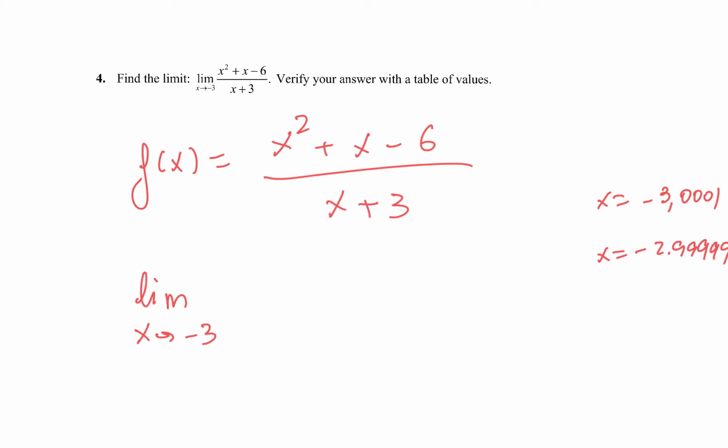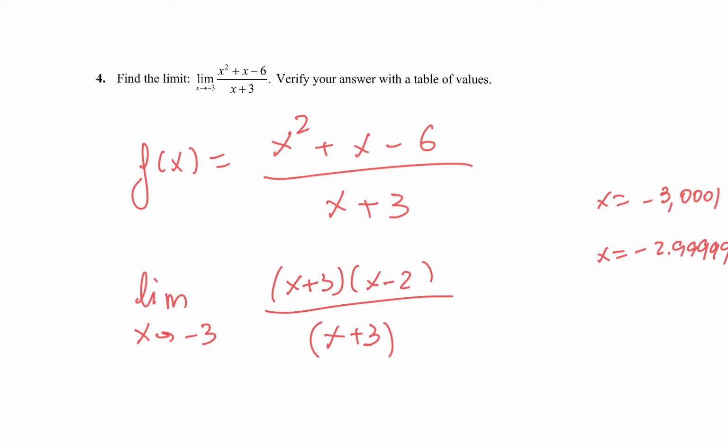If you find the roots of x squared plus x minus 6, you will see clearly that this can be factored as x plus 3 multiplied by x minus 2, divided by x plus 3.